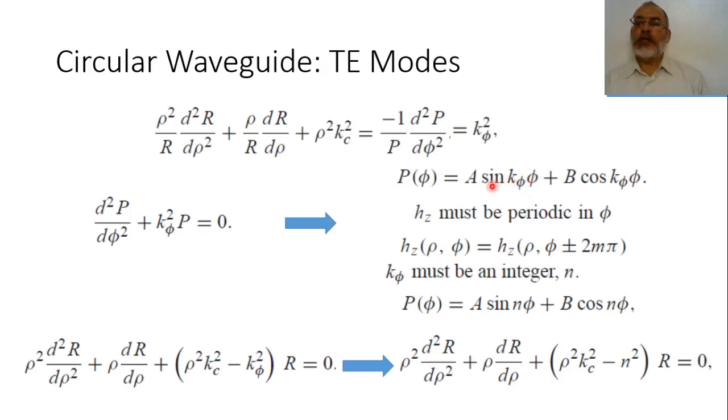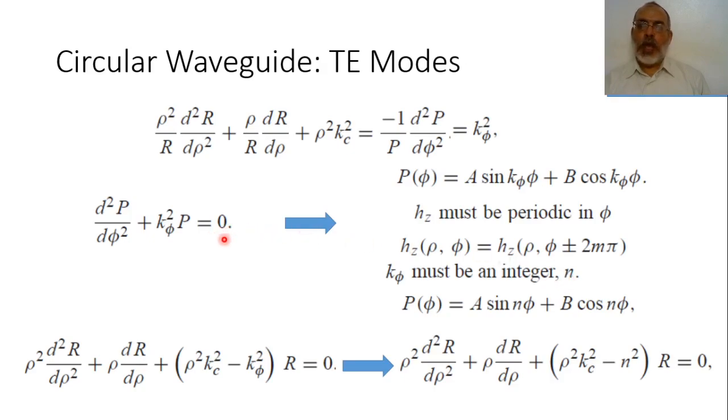And effectively, sine n multiplied by 2 pi is a periodic function. Similarly, cosine n multiplied by 2 pi is a periodic function. This means that the value of k phi must be an integer value, such that the function B of phi would be periodic in the angle phi. So in this case, k phi must be an integer value, or can be assumed to be the value of n.